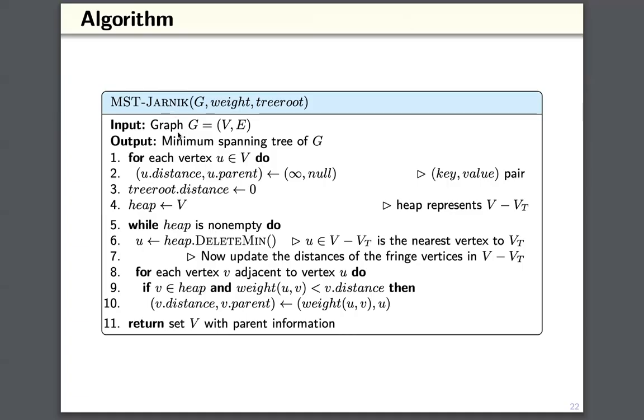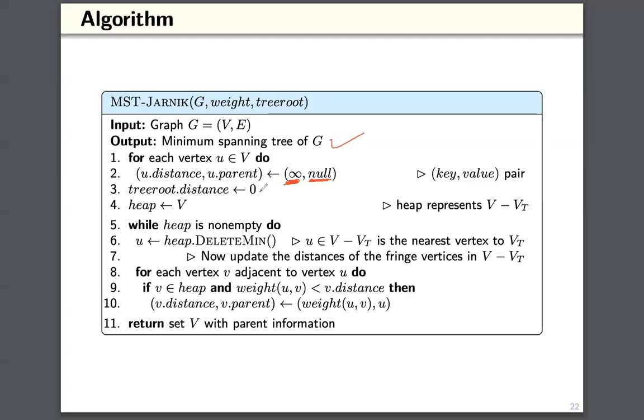Okay, now let's look at this graph. So we have this graph, and you want to find the MST of G. For each vertex you set u dot distance to infinity and u dot parent to null. Why? Initially, every node is at a distance of infinity from the tree, and the parent vertex is null initially, right?